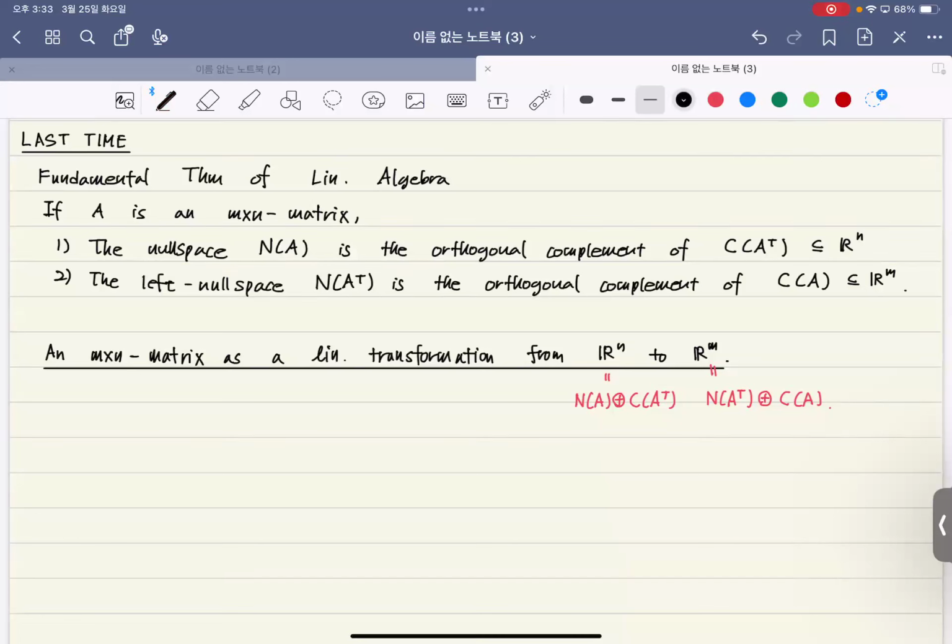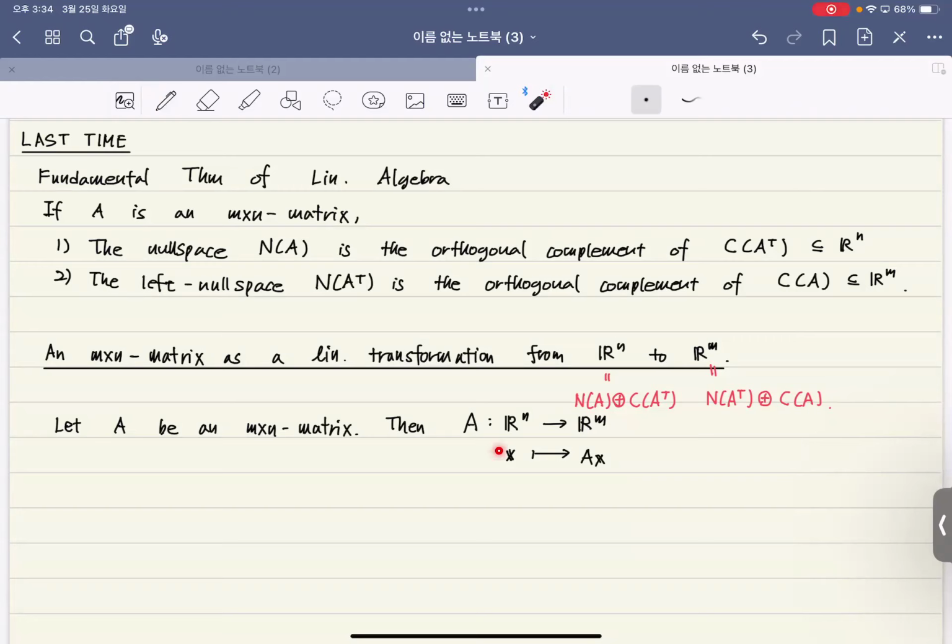So I told you that A can be considered as a linear transformation from Rn to Rm. Then A is a map from Rn to Rm such that x is mapped to A times x.